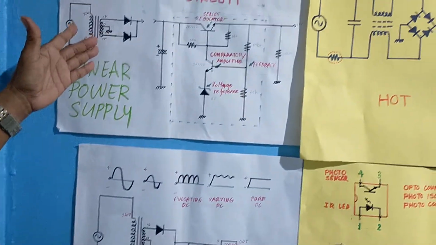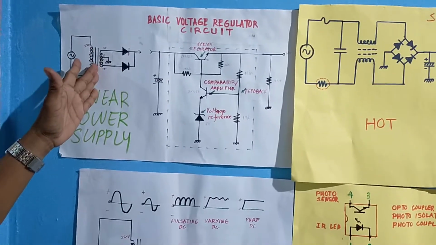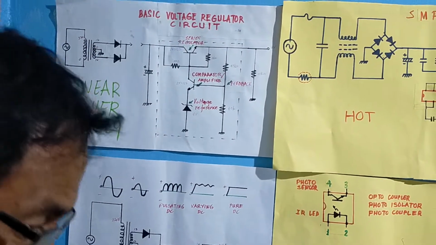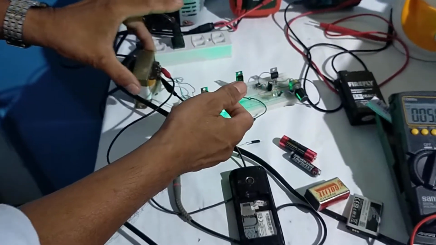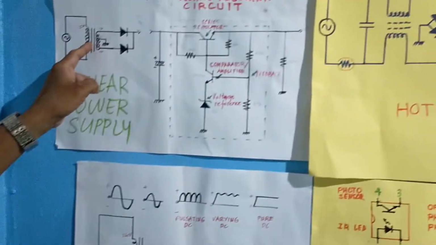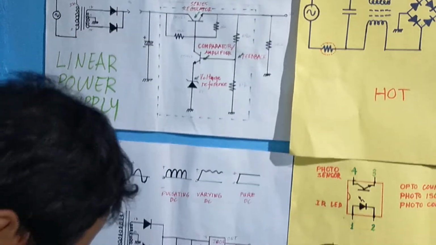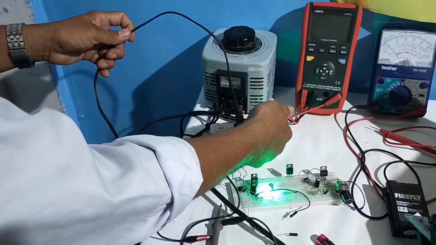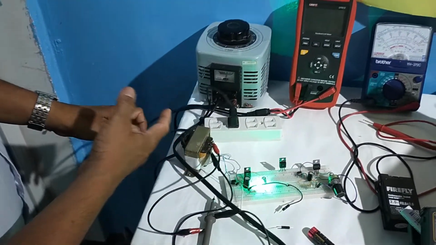A linear mode power supply is equipped with a transformer before it is processed by a rectifier circuit. Meaning to say, we have here an example of a linear mode power supply. We have here a transformer, which is connected to the AC source, to the outlet, that distributes AC voltage to the transformer.